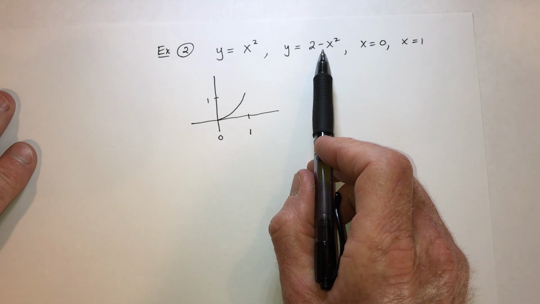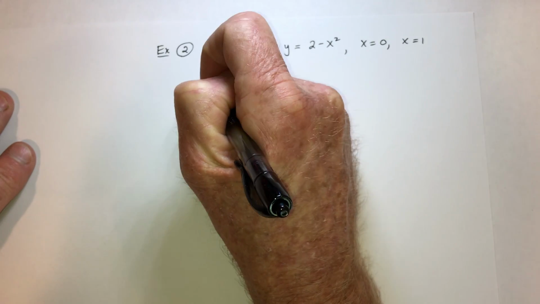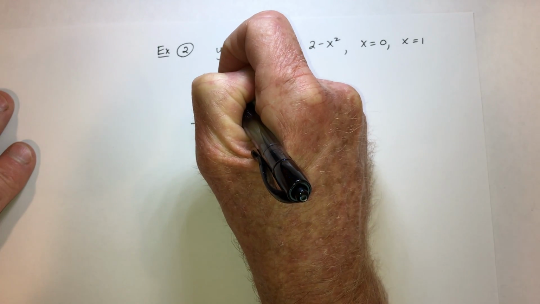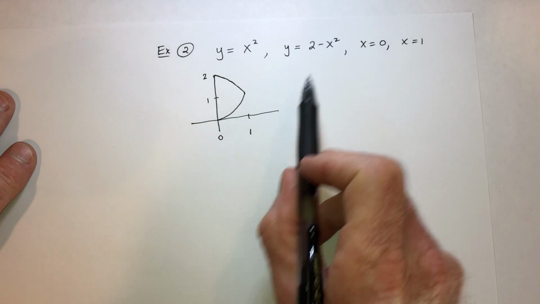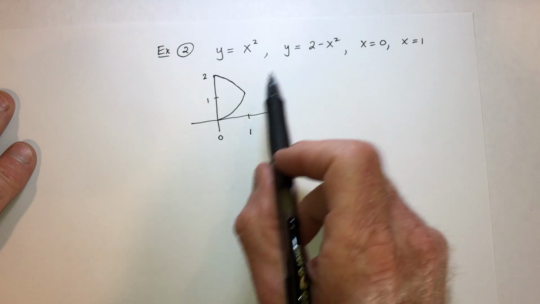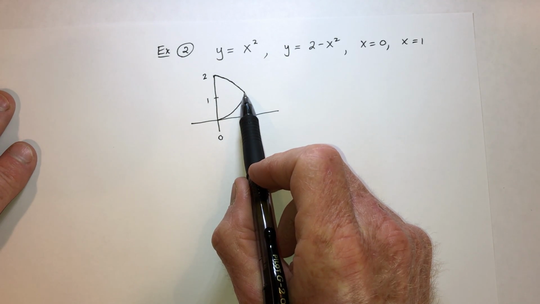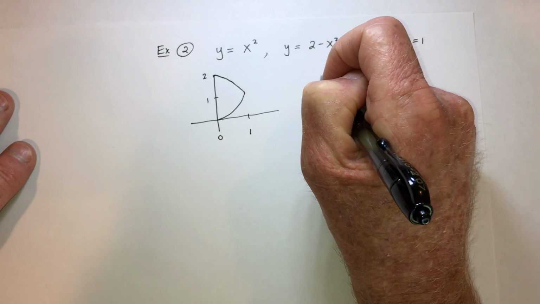And then this one is an upside down parabola that got shifted up by 2. So it got shifted up by 2, and then it's an upside down parabola. And by the time you get to x equals 1 for this one, the y value is going to be 2 minus 1, so they meet right there. Okay, then the next fun part.